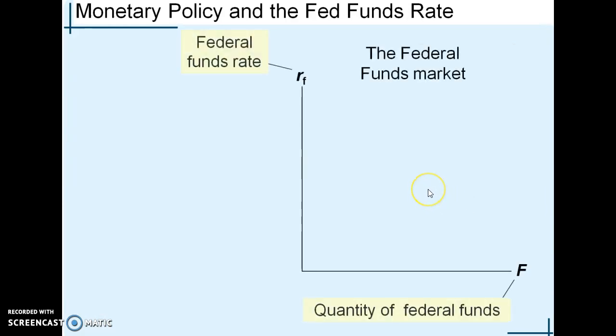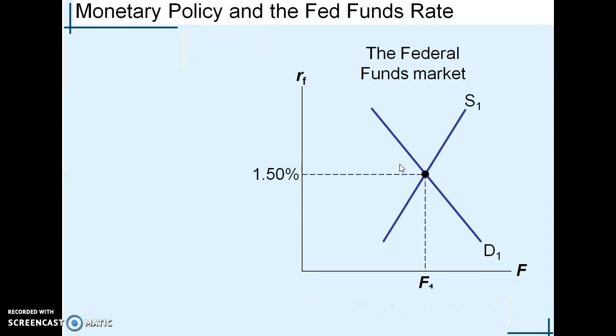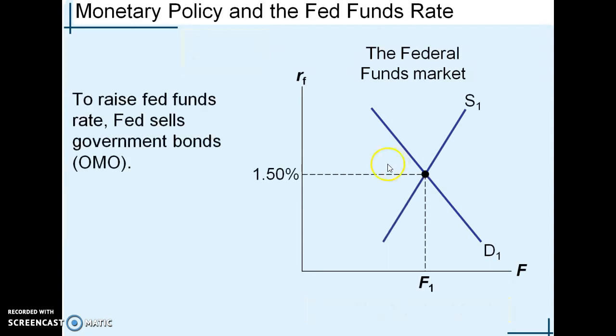So setting up a market for money, we have the demand for money, the supply of money, and then the interest rate for money. In this case, it's the federal funds rate. And what we're saying here is the Federal Reserve comes into this marketplace and starts to sell government bonds.